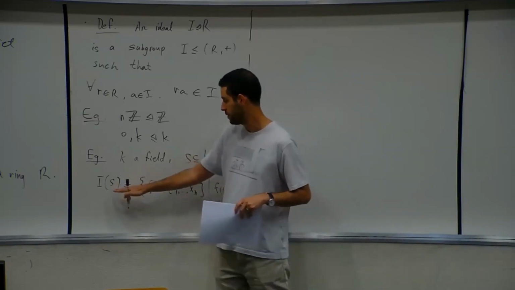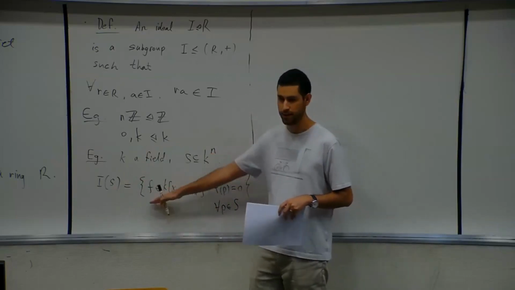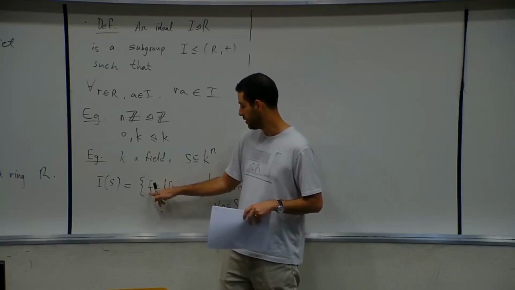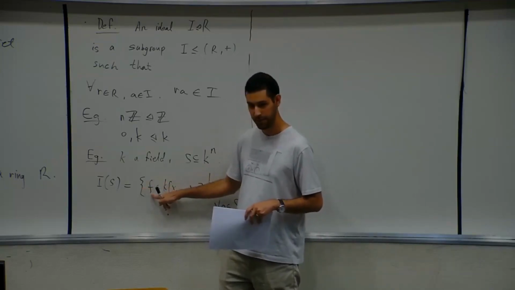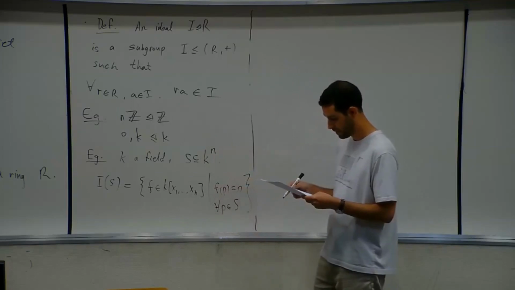We can see that if we have f and g that vanish on S, then their sum and difference also vanish. And if we take g times f, it also vanishes because everything is pointwise.